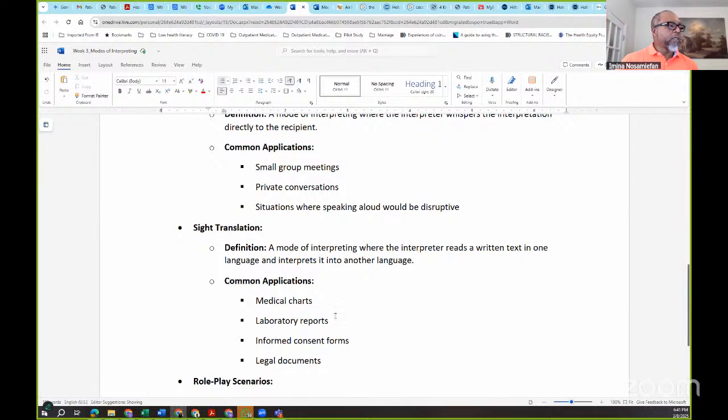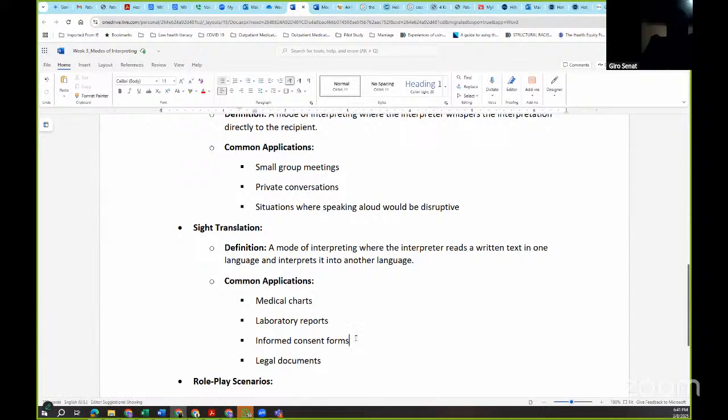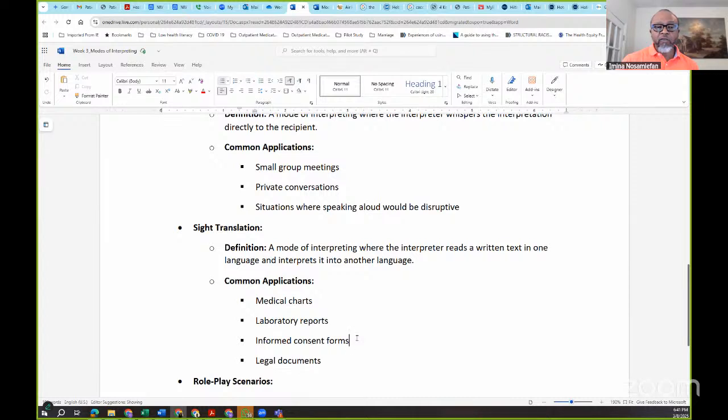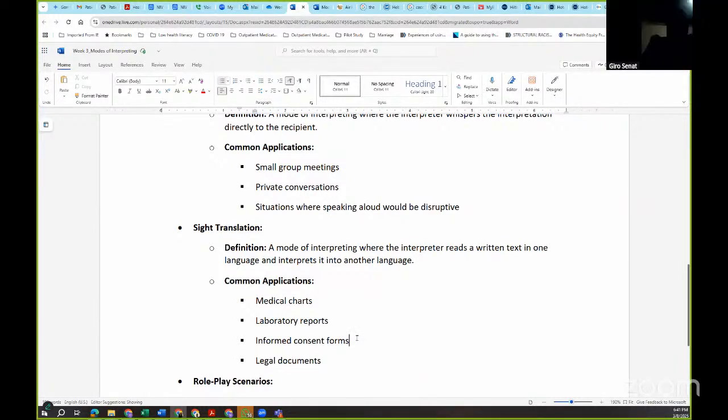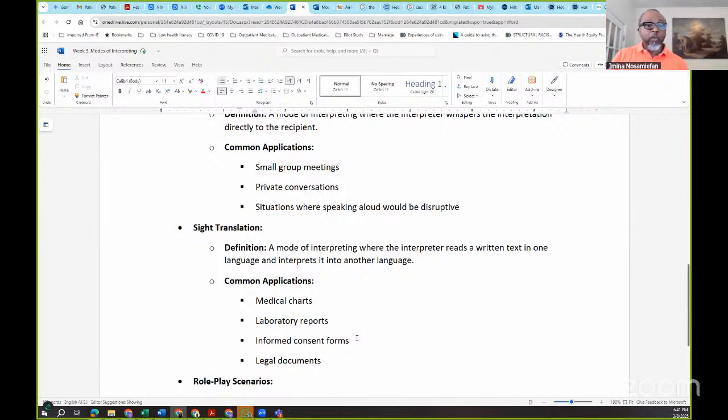Like informed consent forms, which are mostly in English. They don't have a lot of them translated into Haitian Creole. You might get them in Spanish, but not very much in Haitian Creole. So as an interpreter, you read the text in English and then interpret it to the patient. We call that sight translation.